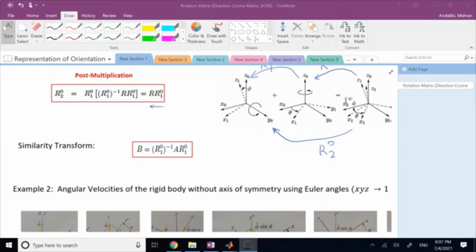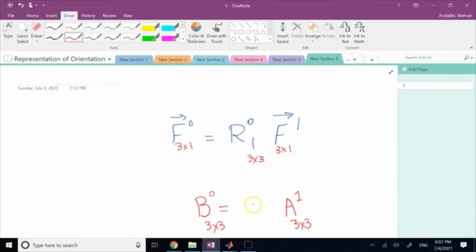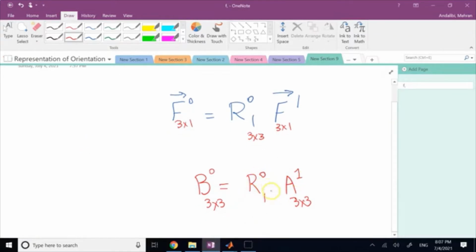What you really need is to, from the left side, multiply it by inverse of R of 1 to 0. Okay, so if it was a vector, you simply multiplied it by R of 1, 0, but not anymore. You're not even multiplying it by R of 1, 0 directly, you're multiplying it by inverse of that from the left and then from the right by R of 1, 0.